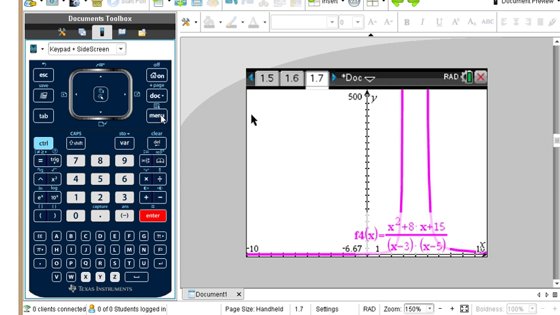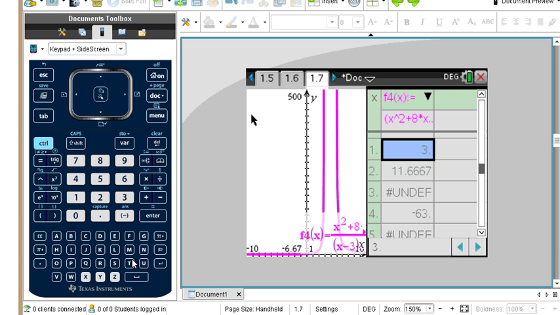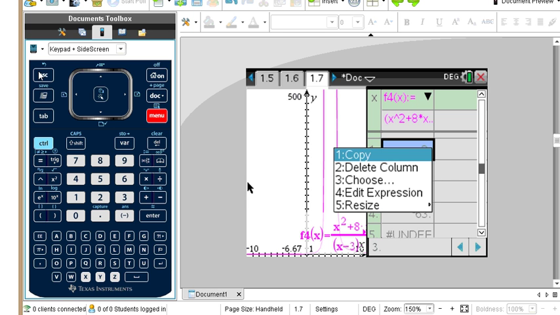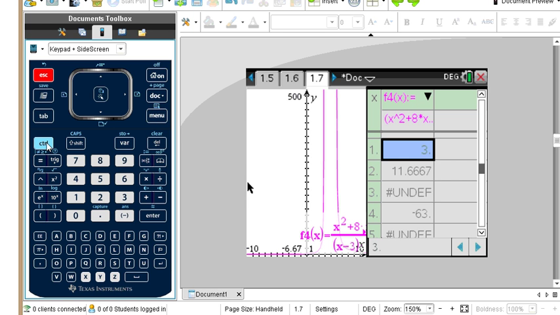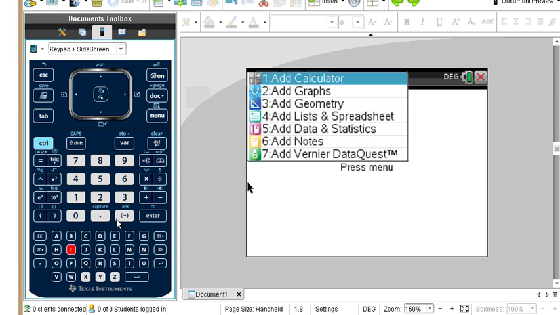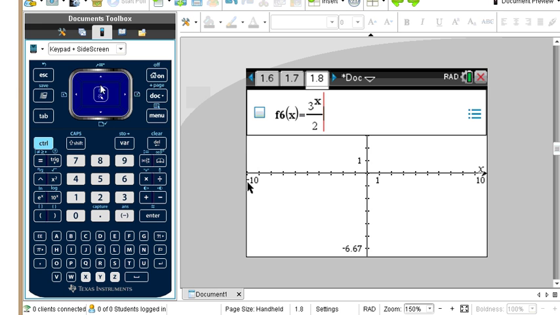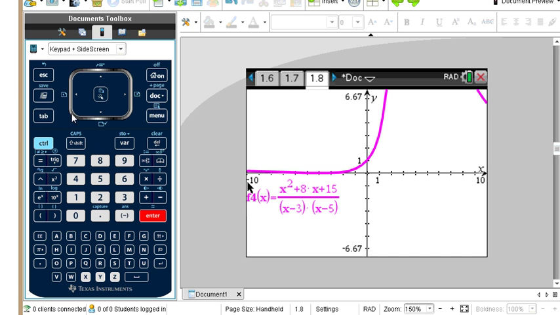And then if we go to our table view, Control T, we will see undefined. I guess it's below we see that. Let's go look at that. Let's go to Control I, add graphs. Look at that thing again. I was going up to see the exceptions when you go down, rather.